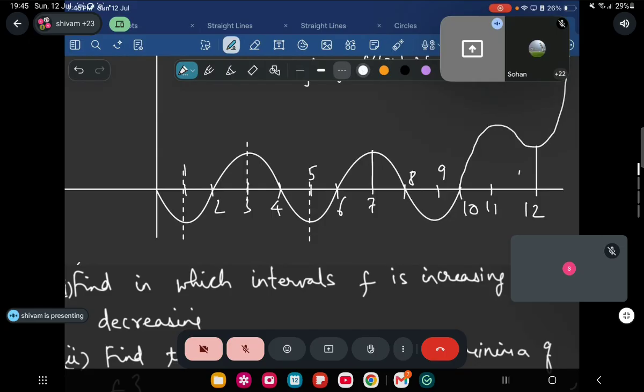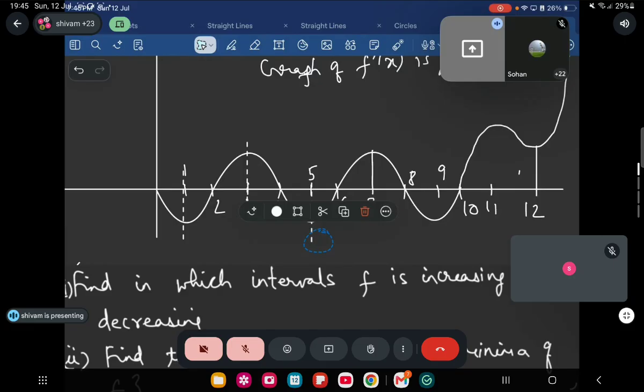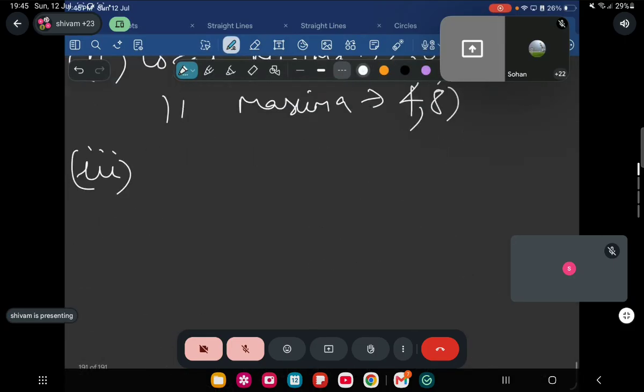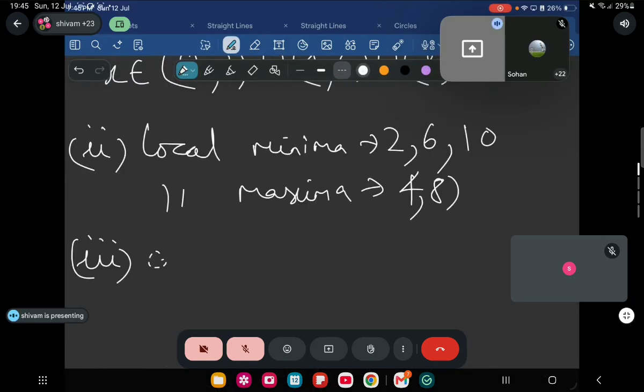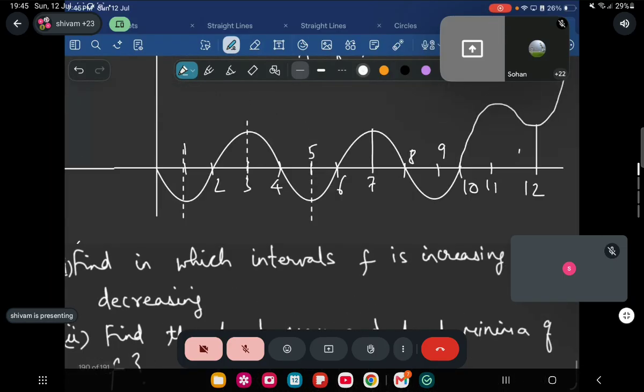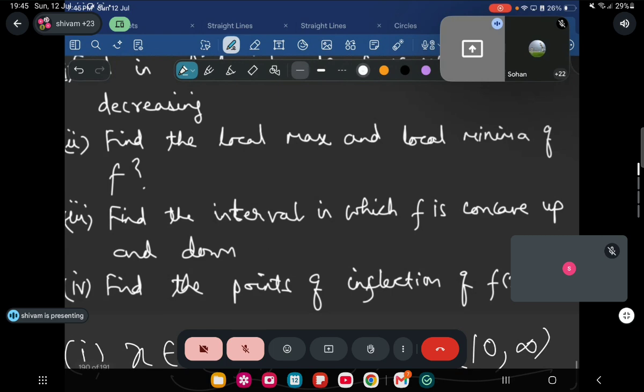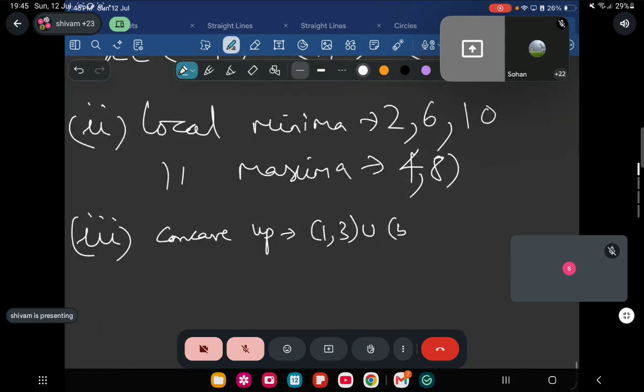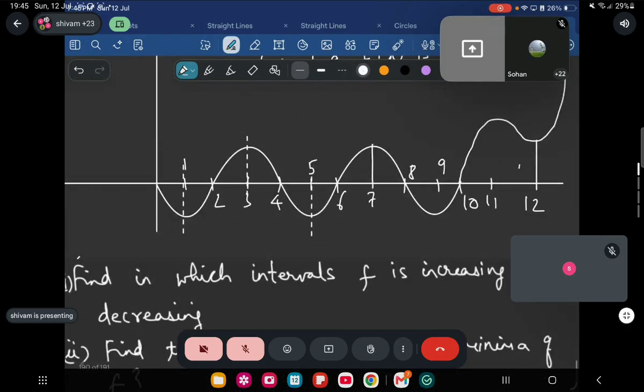Are people getting? So I am writing for concave up. Pay attention everyone. Concave up. Anyone having any doubt, you can ask me. Concave up will be 1, 3 union 5, 7 union, after that 9, 11.